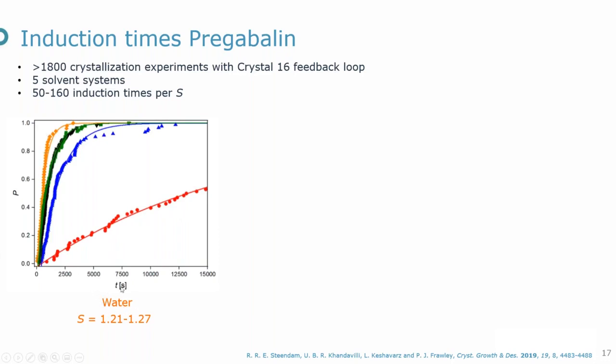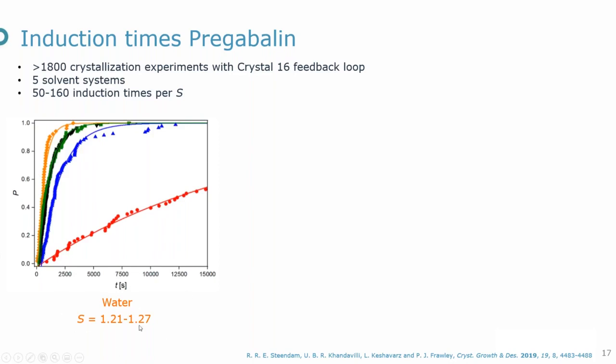In this case, water was used as the solvent. At the low supersaturation, after 15,000 seconds about 50% of all vials have crystallized. At slightly higher supersaturations, the chance of finding crystallization becomes 100%.